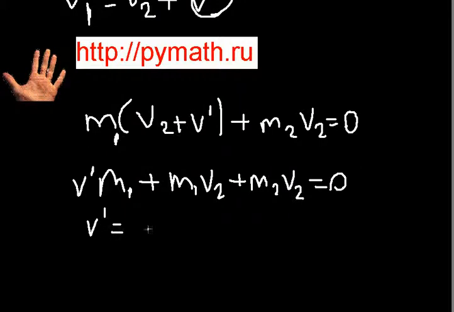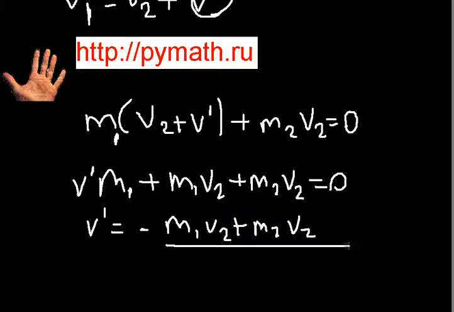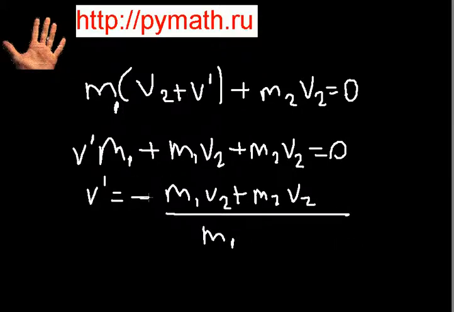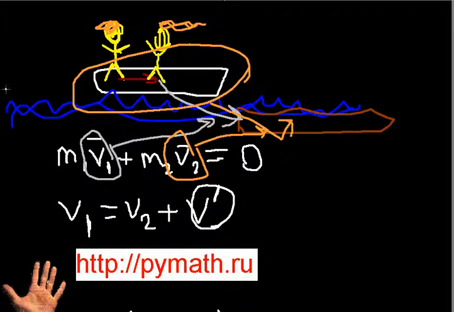V apostrophe equals minus (m1 plus m2) v2 divided by m1. What does it mean? It means that the velocity of the human regarding this boat is directed in the opposite direction.